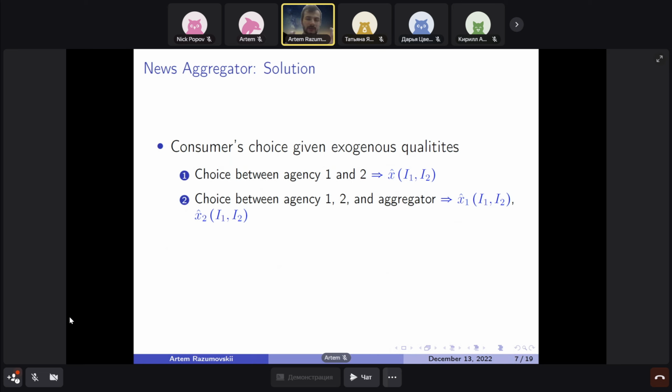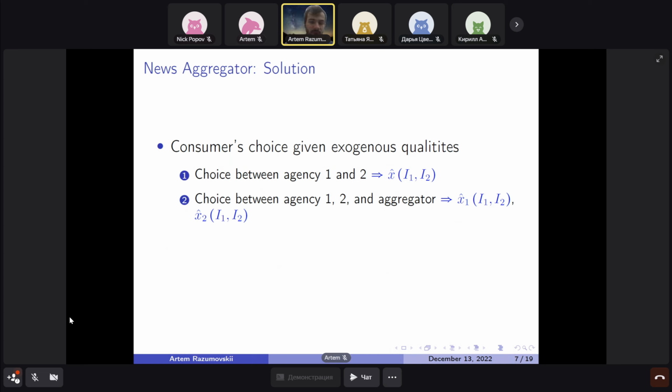So if you just increase the quality in the aggregator by adding some additional quality news, they can choose the aggregator instead of choosing an agency to read.